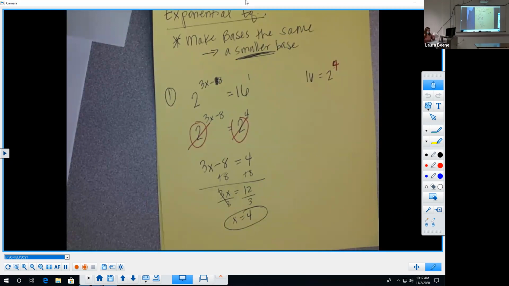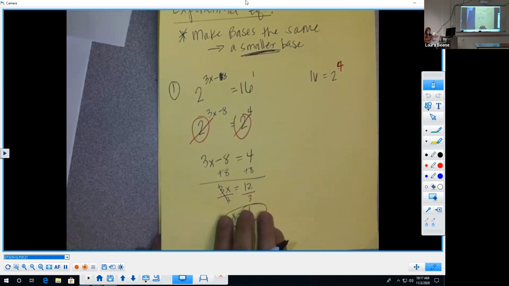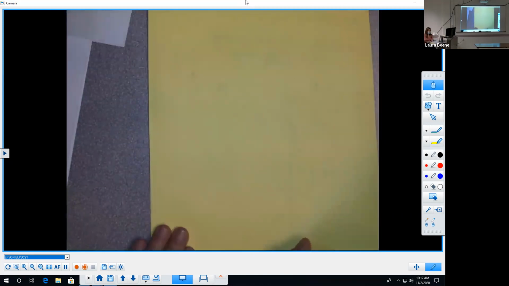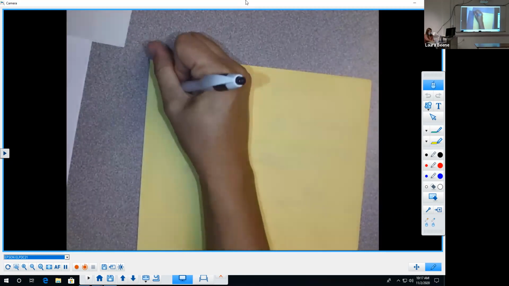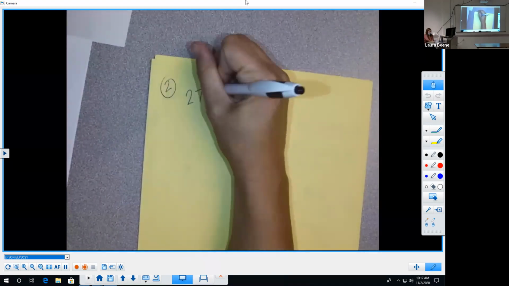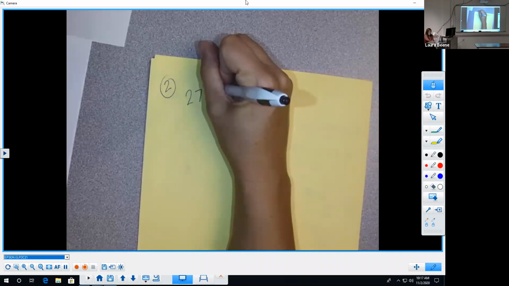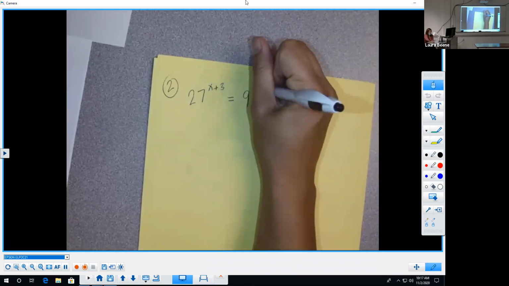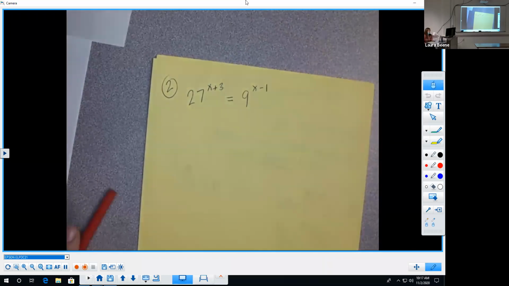Okay, let's do a few more of these. If I have the problem 27 to the x plus 3 power equals 9 to the x minus 1 power.